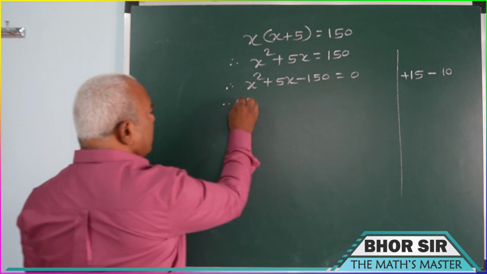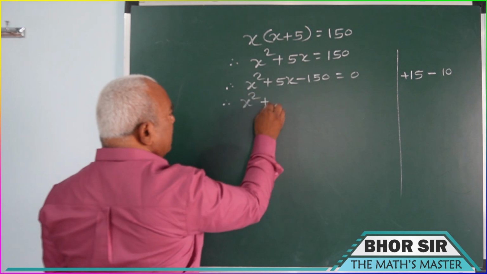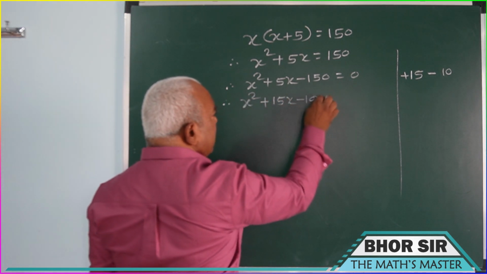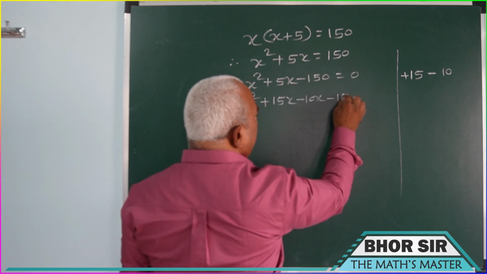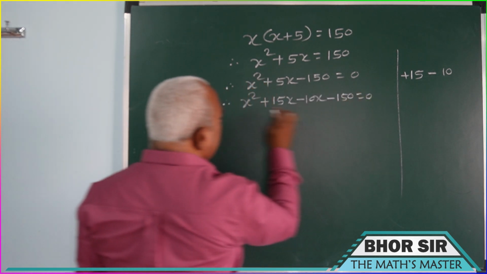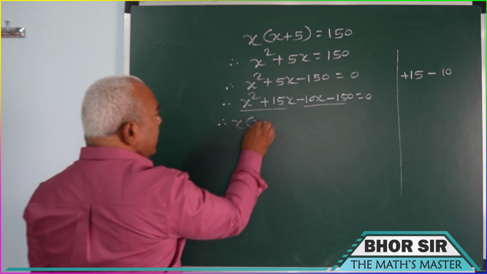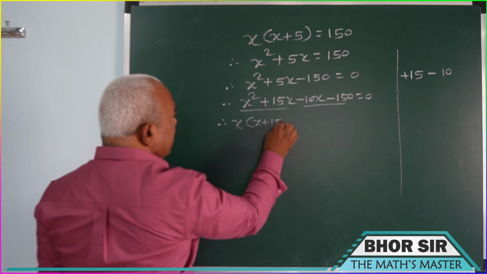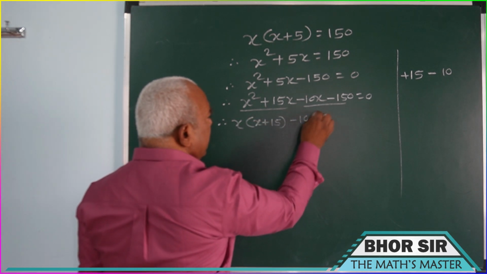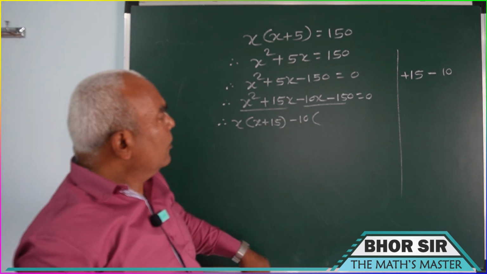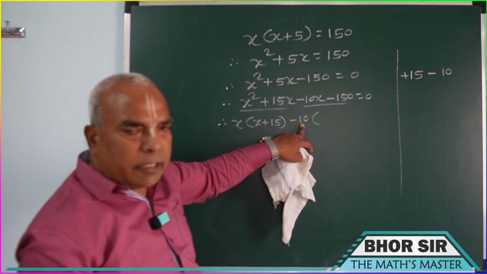Now see here, therefore we can say x square plus 15x minus 10x minus 150 is equal to 0. Therefore, taking x common: x into x plus 15, minus 10, see, this sign should be minus. We should not directly write 10 here.